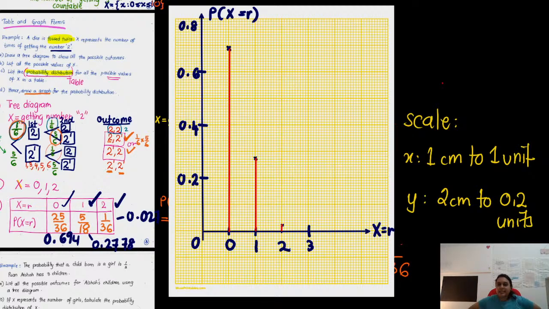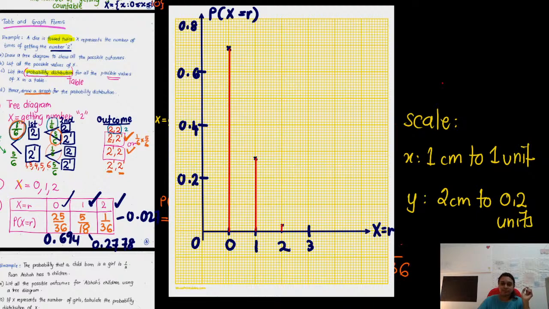If you did the graph, send teacher or tag teacher on Instagram so I can see how you did the graph. For the next example, teacher wants you to try. It's the same type of question. Next class we will discuss the next example.